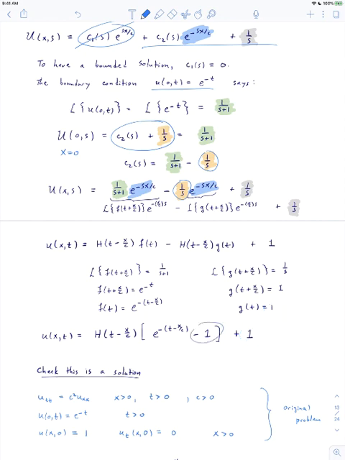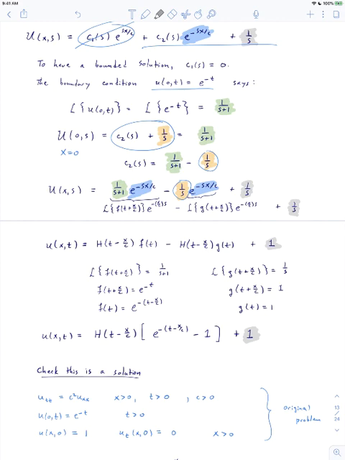This one, rather. Then you still have that one there. So this 1 over s from the particular solution, the inverse Laplace transform of that is that one, which is right there. Okay. So this gives us our solution.